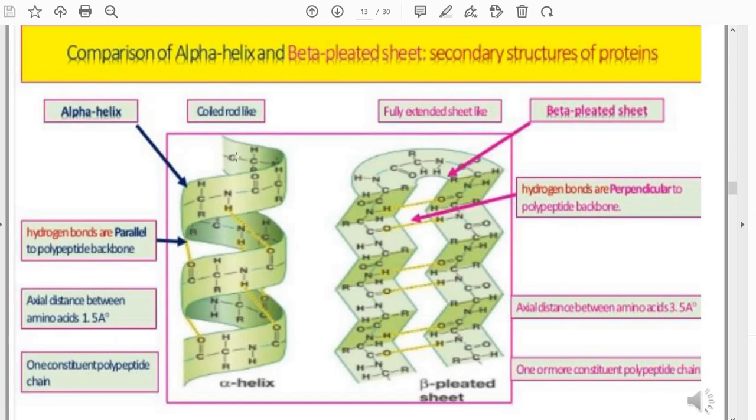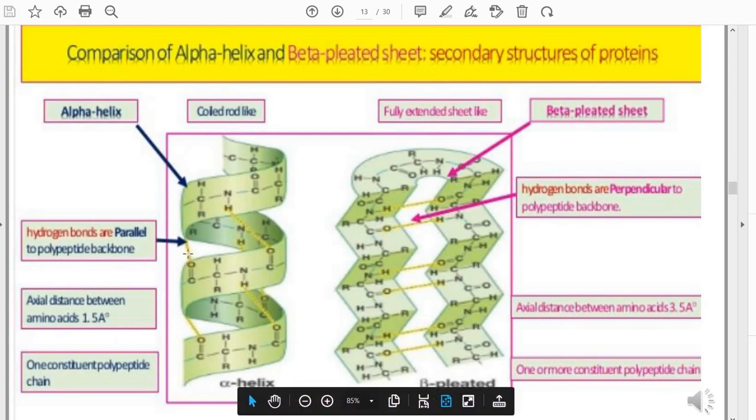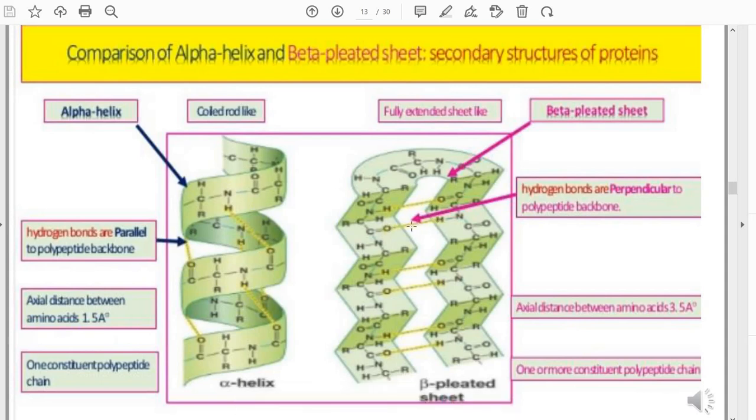This is the direction of the polypeptide backbone, and they are parallel. But here, the hydrogen bonding is perpendicular to the direction of the polypeptide chain. This is the polypeptide chain, and this is the direction of the hydrogen bond, perpendicular.